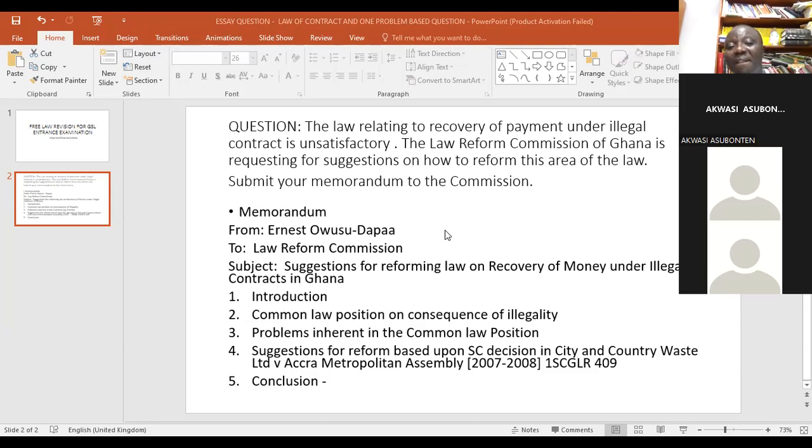What is going on is that the Commission is not satisfied with the state of the law relating to this particular area. And again, we've also given an idea of the kind of things that we intend to discuss or explore in the memorandum.